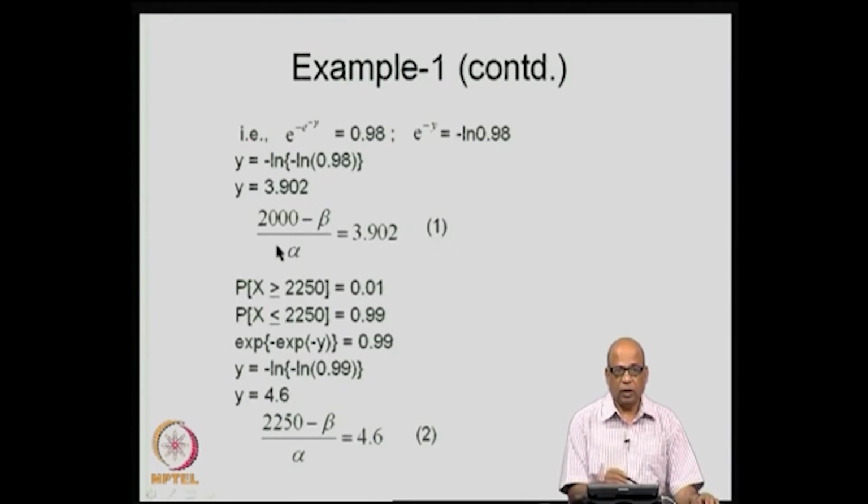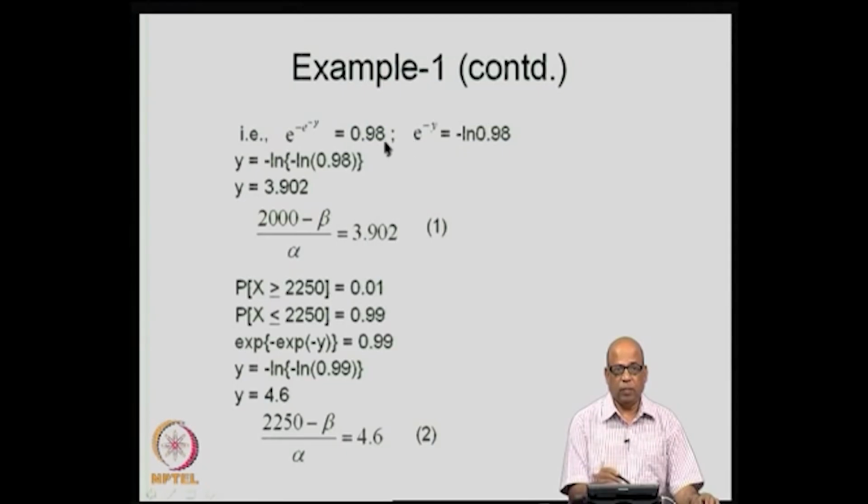Then from the second condition, which is given as the probability that the peak flow exceeds 2250 meter cube per second is 0.01, we write probability that x is greater than or equal to 2250 must be equal to 0.01, from which we write probability of x being less than or equal to that particular value will be equal to 1 minus this, which is 0.99.